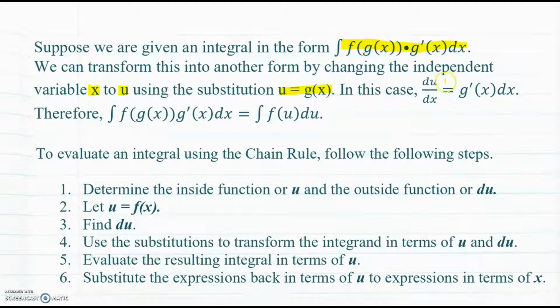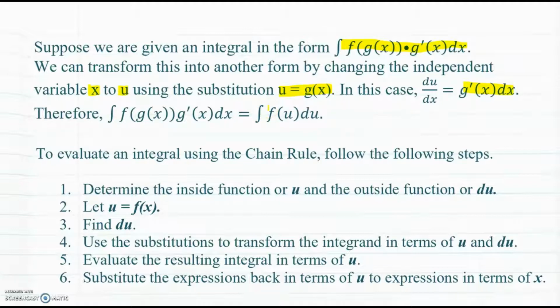In this case, the derivative of u with respect to x is just equal to g prime of x. Therefore, the indefinite integral of f of g of x times g prime of x with respect to x is just equal to the indefinite integral of f of u with respect to u.